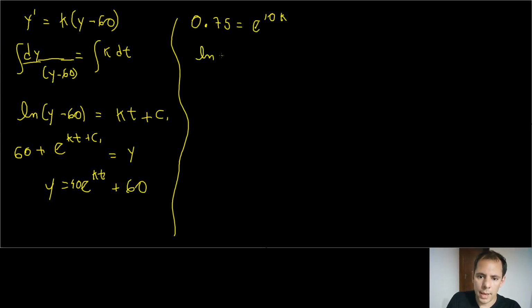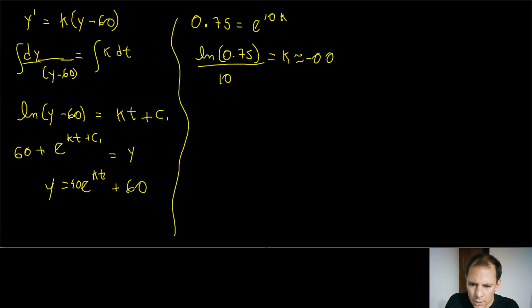So the ln of 0.75 divided by 10 equals k, which is approximately, let me see here, minus 0.02877. Okay, so the whole thing is going to be y equals 40 times e.